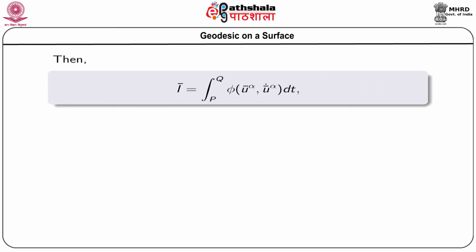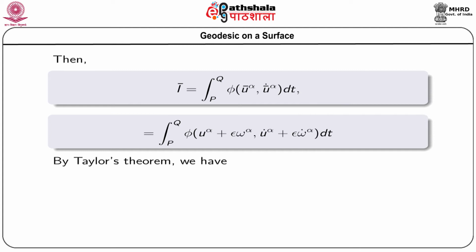Then I bar will be the integral from P to Q of phi of u bar alpha, u bar dot alpha dt. Now, if we express the value of u bar alpha and u bar dot alpha, this becomes phi of u alpha plus epsilon omega alpha, u dot alpha plus epsilon omega dot alpha, dt, integrated between P and Q.